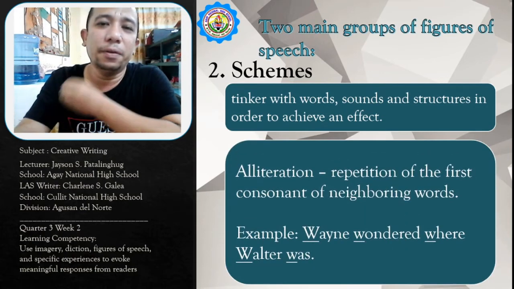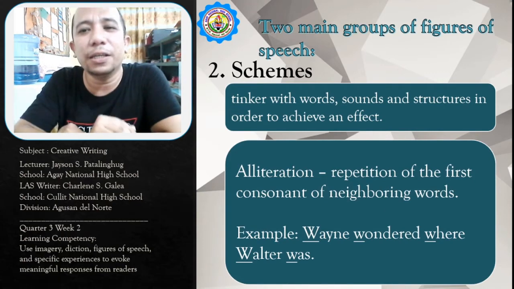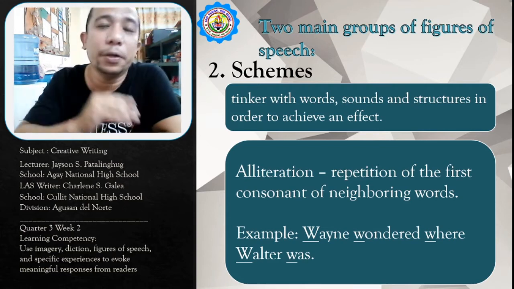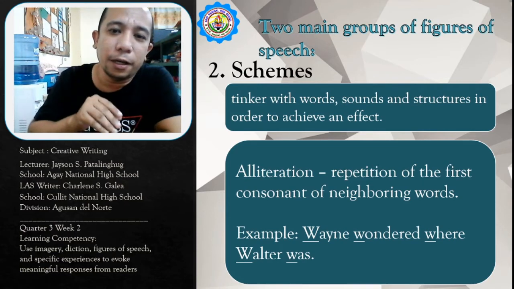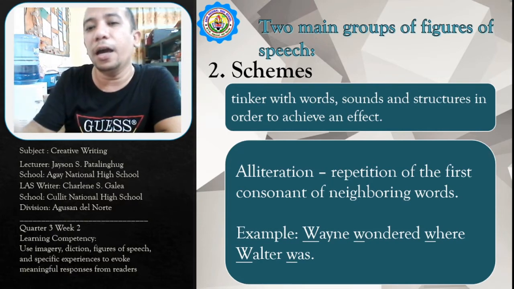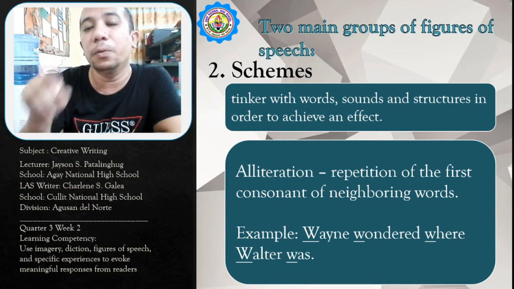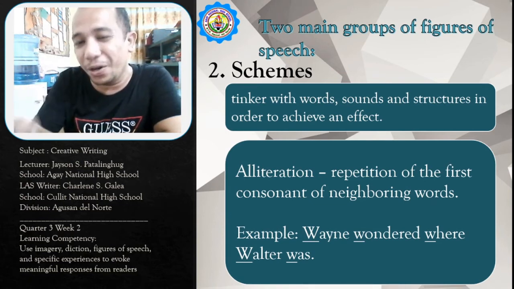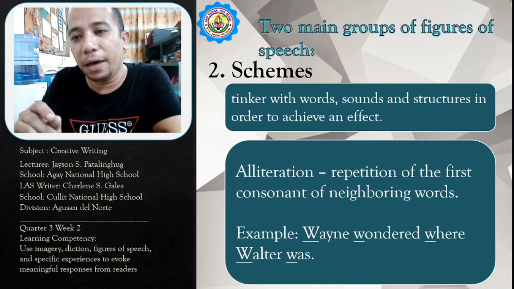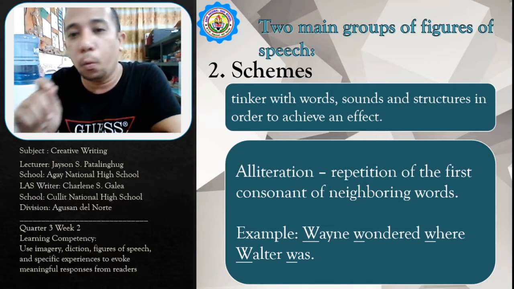The first example of scheme is alliteration. Alliteration is a repetition of the first consonant of neighboring words. Example, Wayne wondered where Walter was. What consonant sound is being repeated? That's the letter W. The consonant sound W. So we say Wayne wondered where Walter was.